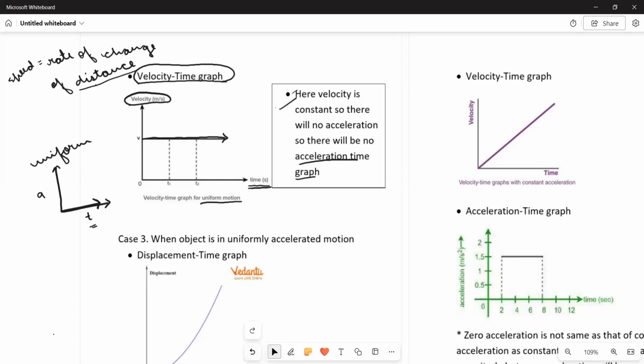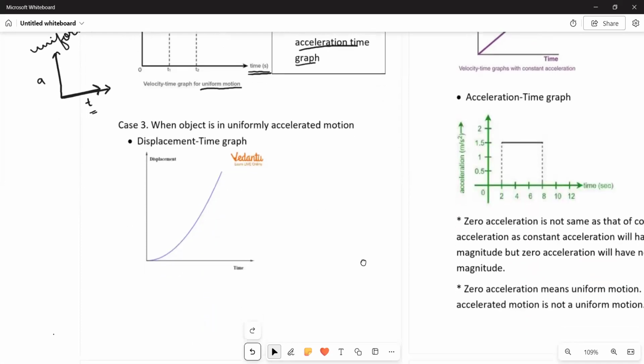Okay, so now we move on to our next case. Our next case is when an object is in uniformly accelerated motion. Uniformly accelerated means the value of acceleration is constant.